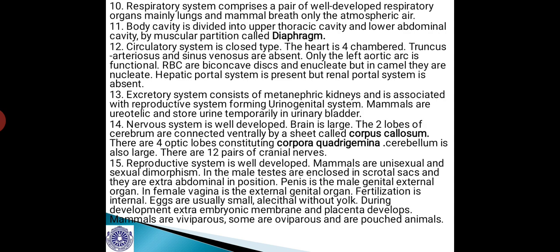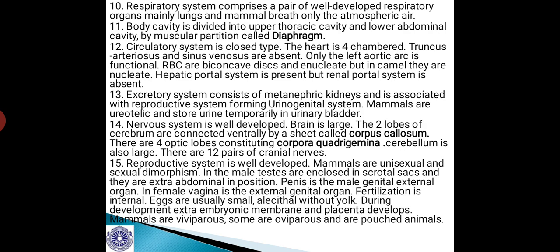Excretory system. It consists of metanephric kidneys and is associated with reproductive system, forming urinogenital system. And the mammals are ureotelic and store urine temporarily in urinary bladder.